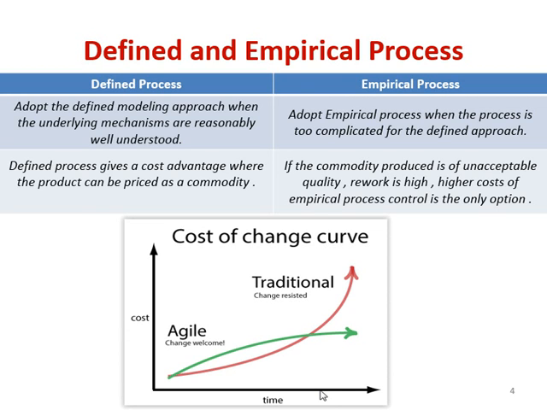Scope might change. Definitely we have a scope at the initial phase, but that scope is not concrete. It gets revised every phase and every iteration. So this is defined process and empirical process. While answering any question on Agile, keep in mind and give thought to the empirical process.